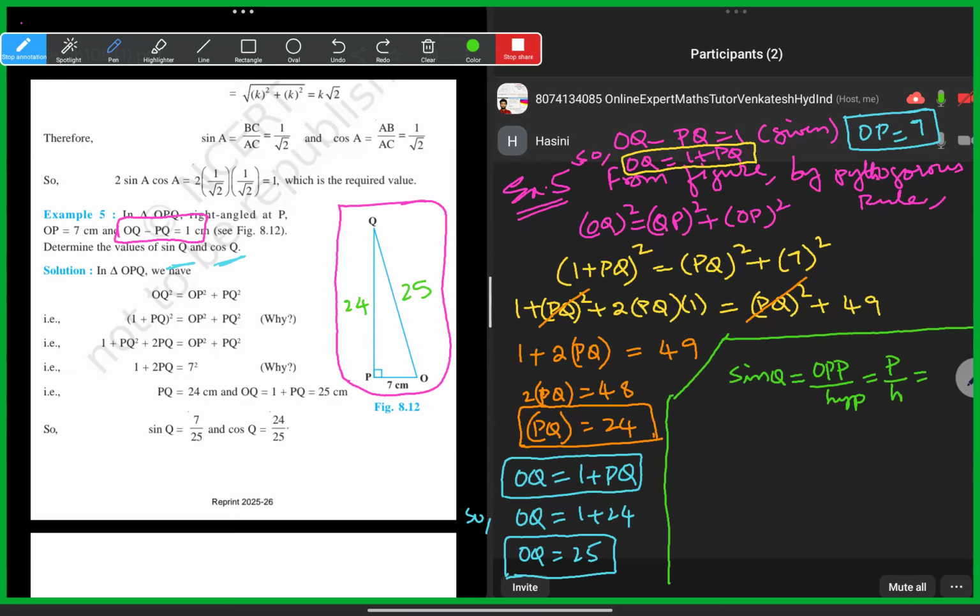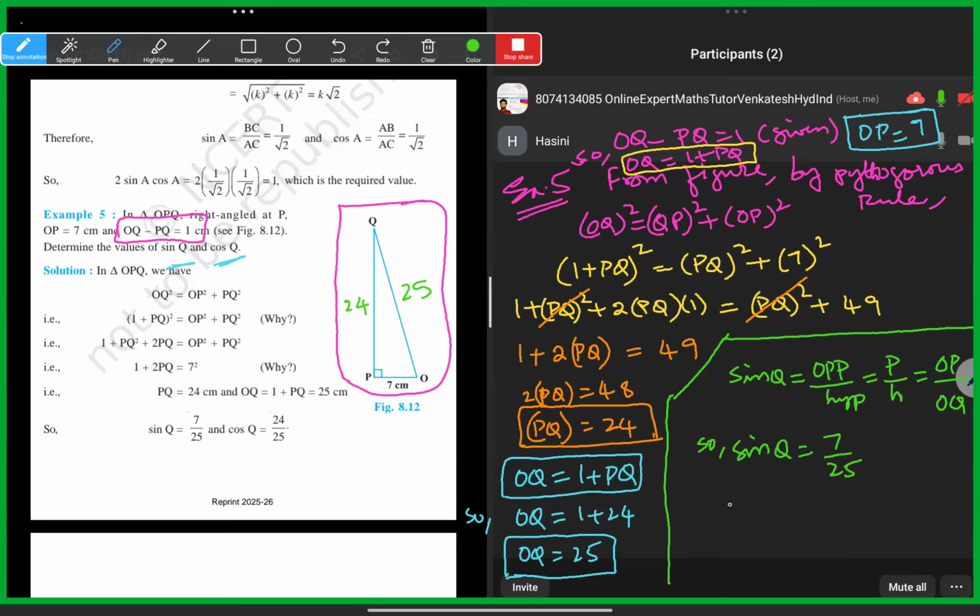So sin q, can you tell the answer, Hasni? 7 by 25. For angle q, the opposite side will be OP, so OP by OQ. So sin q is equal to 7 by 25.